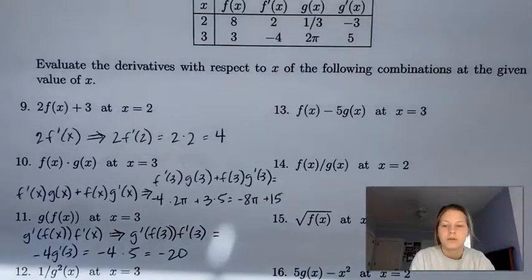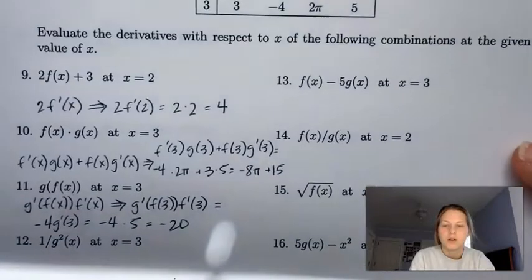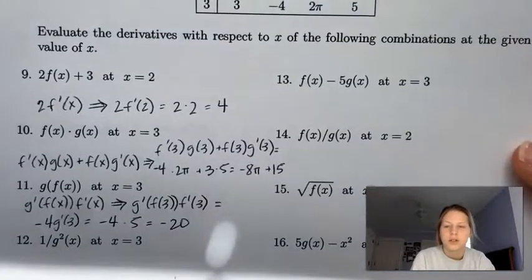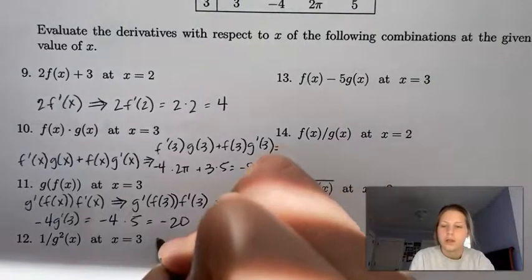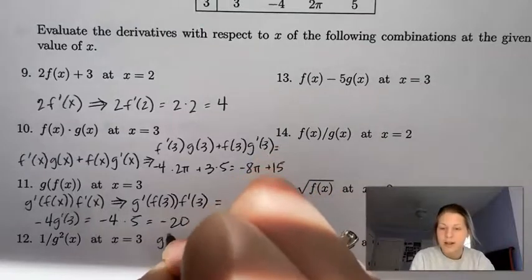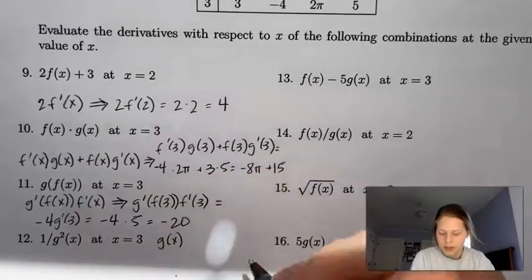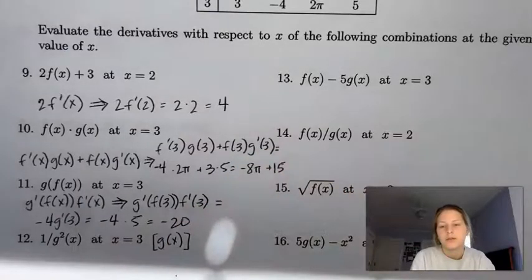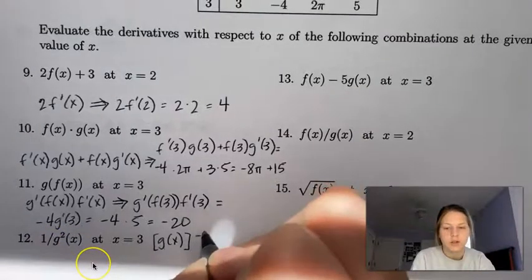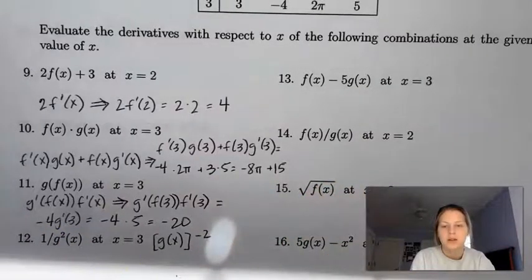And then for our last question in this column, number 12, we will first rewrite it. So we're going to rewrite it as g of x to the negative 2 instead of how it is written now as 1 over g of x squared, because this will make doing the question a lot more simple.